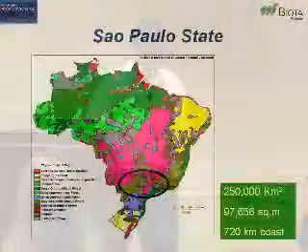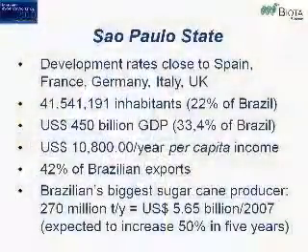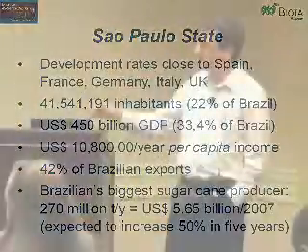All right, so let me give some background on the talk. We are from the state of São Paulo, which is a state in Brazil, and it's a very developed state. It's the best developed state in the country, close to some Western European countries in terms of development.